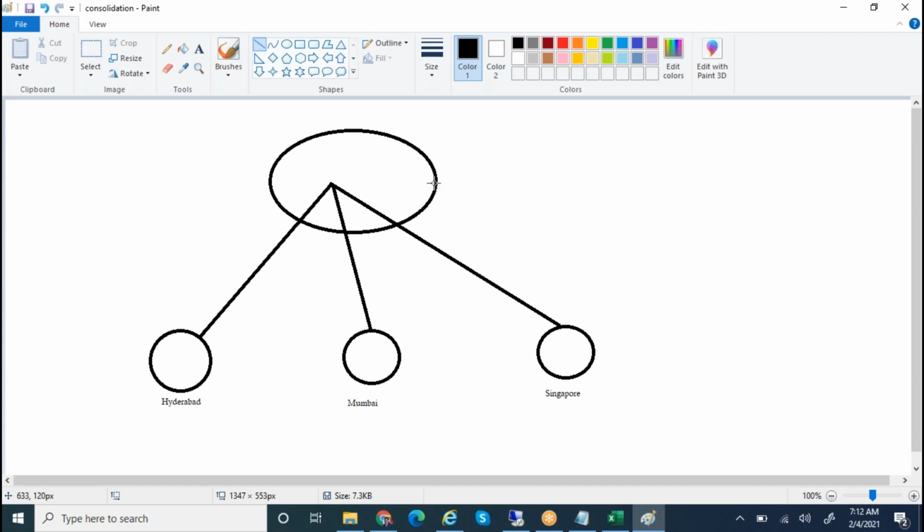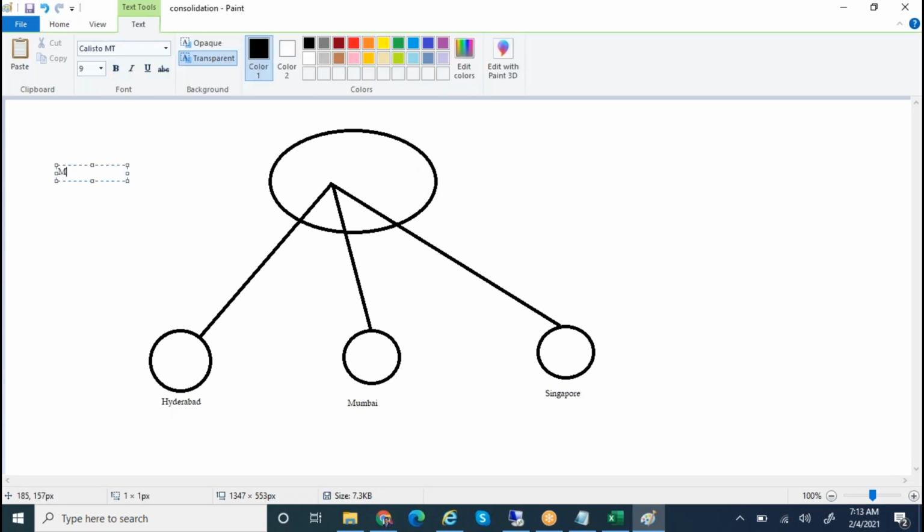So this consolidation process will execute on main accounts and financial dimensions only. Main accounts plus financial dimensions only.